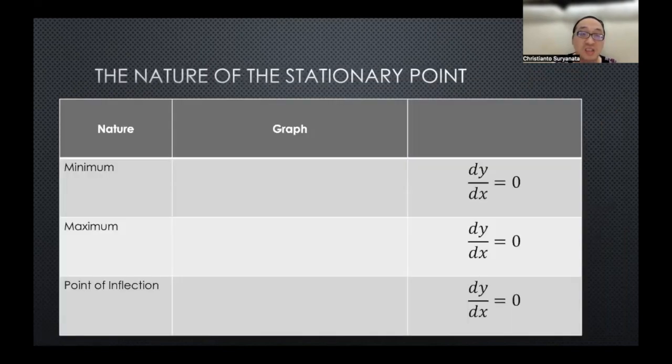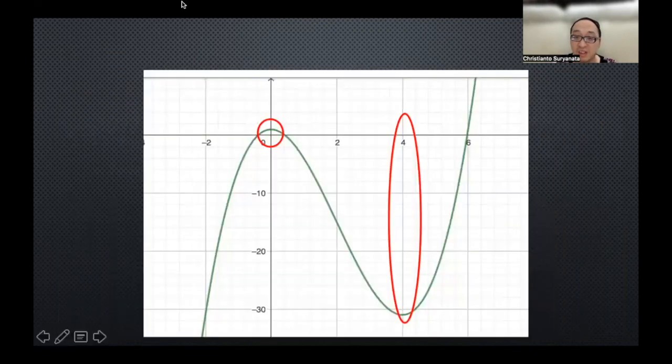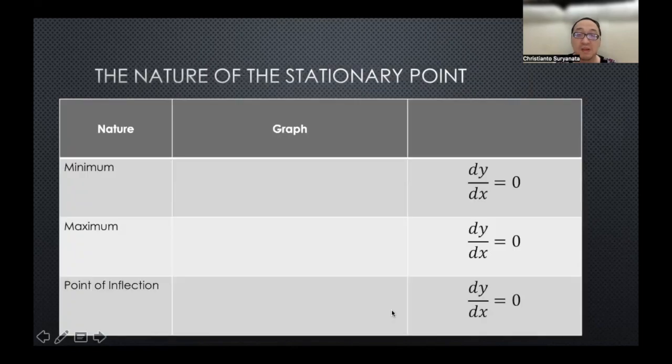So that's what we call the nature of the stationary point. We have 3 natures of the stationary point. In this graph, we only see 2, the maximum and minimum point, but we have 3. So this is a minimum point. It happens when dy/dx, the first derivative, equals 0.